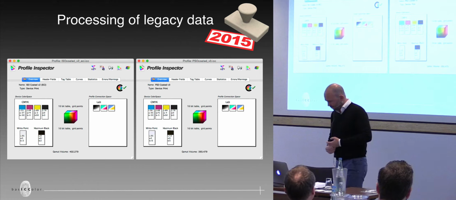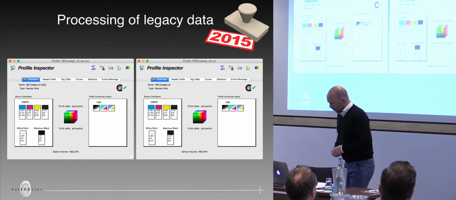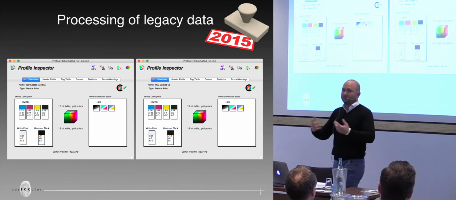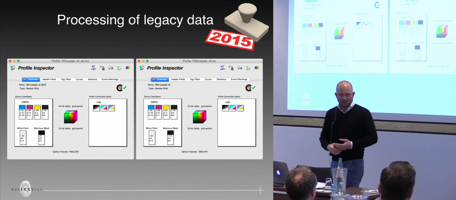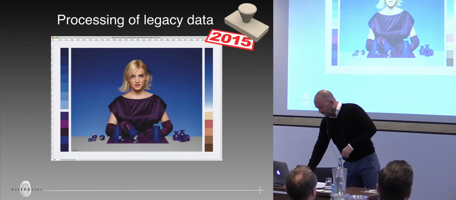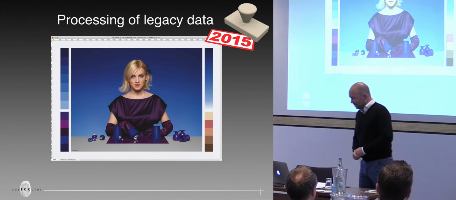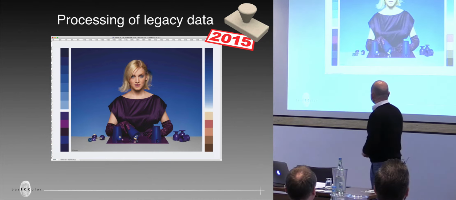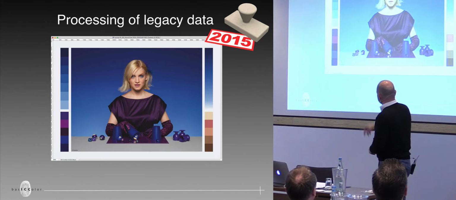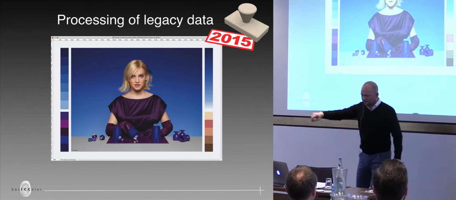In 2015, the profile was then created, and the ECI also made it available for download so that every customer can use it and make the color conversion. So here I've got one of the images of Roman 16. As you can see, it's in ISO code, the old standard.